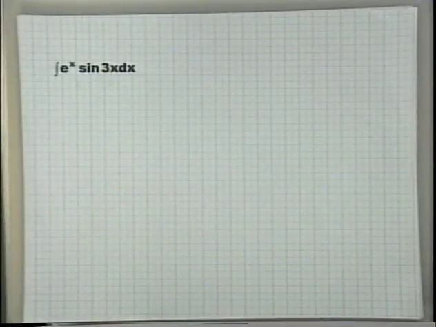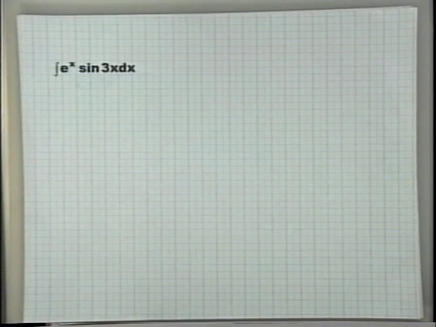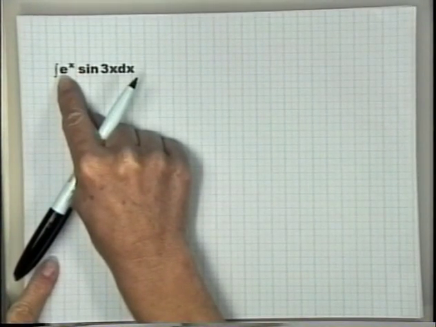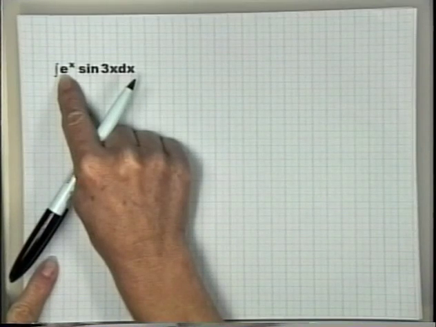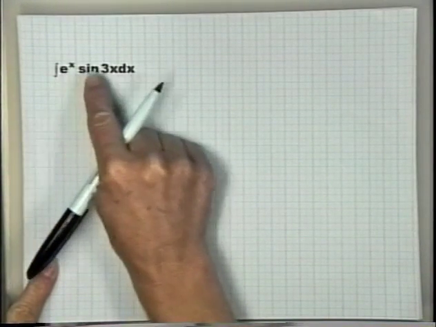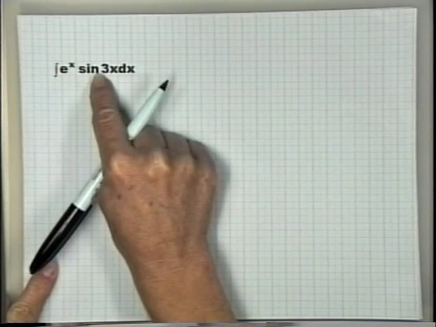Let's look at another example here. The integral of e to the x sine 3x dx. Now the interesting thing about this problem is that I can find the derivative of e to the x, and I can also find the antiderivative of e to the x. I can find the derivative of sine 3x, and I can find the antiderivative of sine 3x.